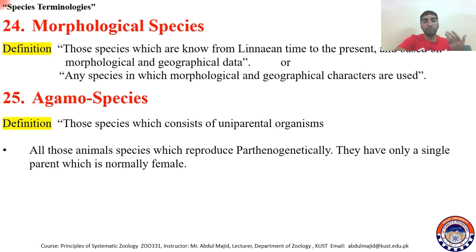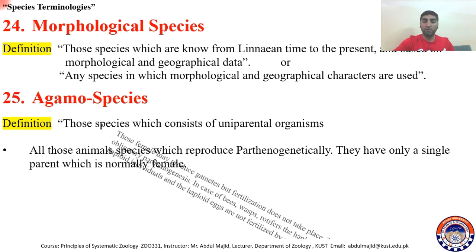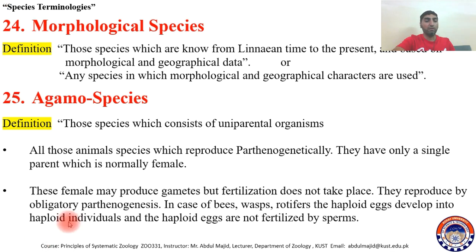They are reproduced by only one parent; two parents are not involved in their reproduction. So all those animal species which reproduce parthenogenetically are known as agamospecies. They have only a single parent, which is normally female.